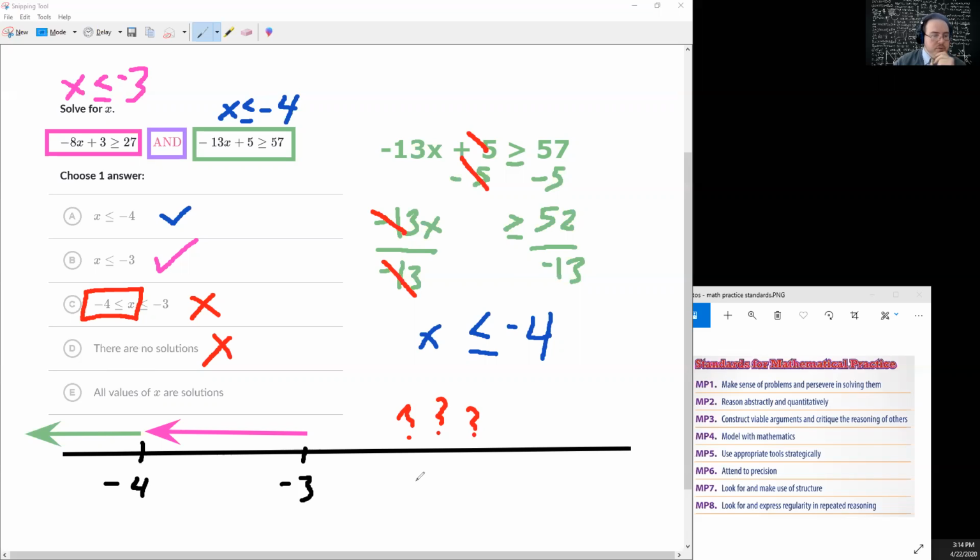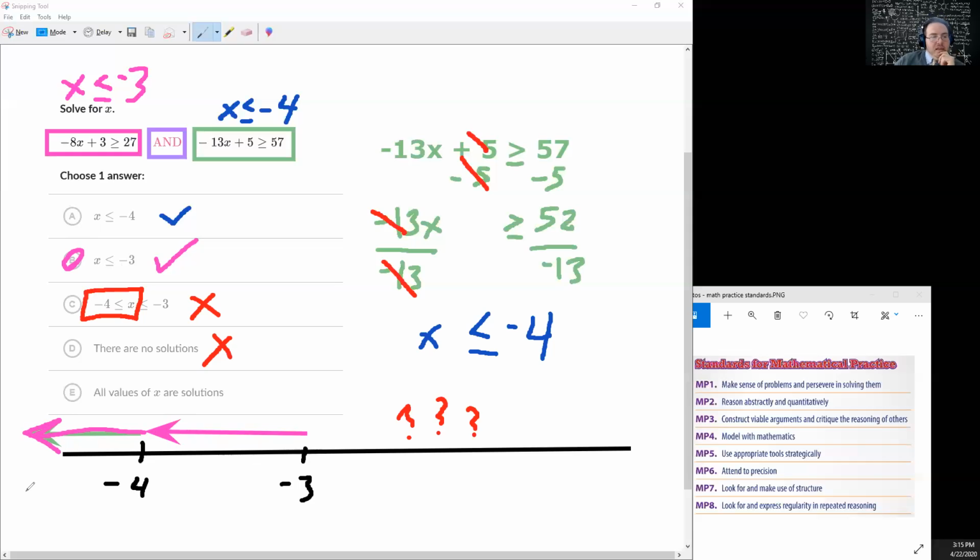So you know what the answer is? It's got to be the pink. It's got to be B. Here, wait, let me get that back. Change color. It's got to be B, and here's why. When you say that x is less than or equal to -3, that's going to include all of that stuff.